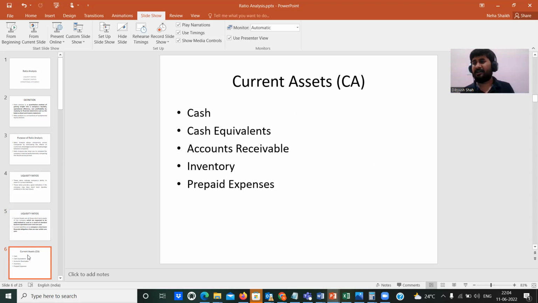What are the general components of current assets? First is cash. Cash, of course, is a current asset, right? I can use it anytime to pay my operating or current liabilities. What is cash? It may be coin, currency, a note, amount in your bank account. In the US, they call it checking account, savings account, whatever. That is your liquid cash.